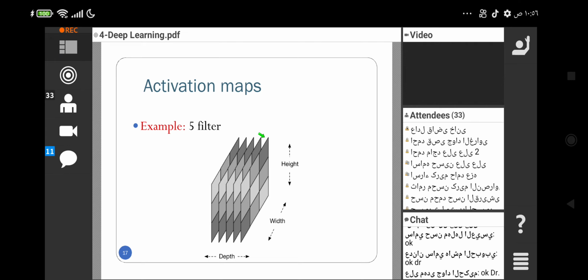For each of the filters, we will have an activation map. Do you understand this? No problem.